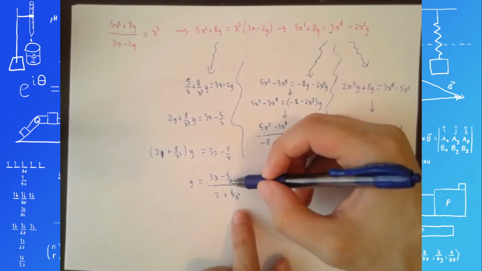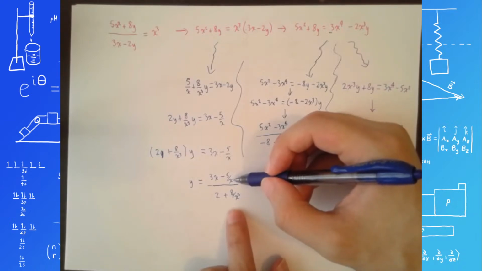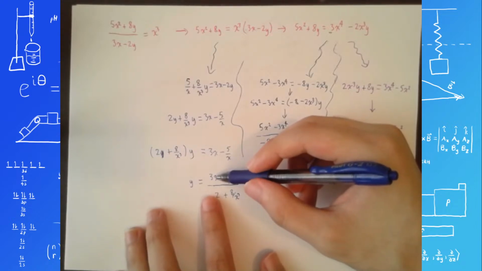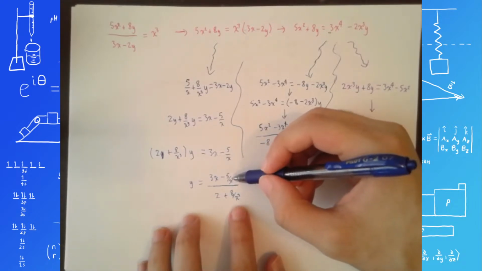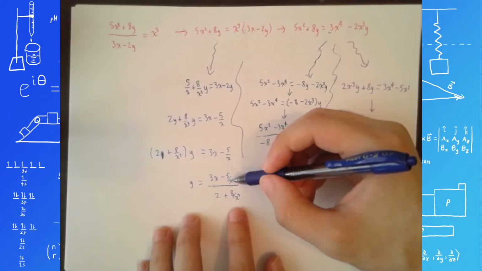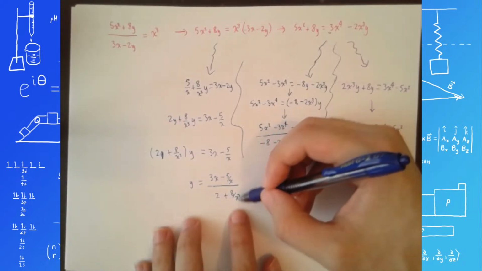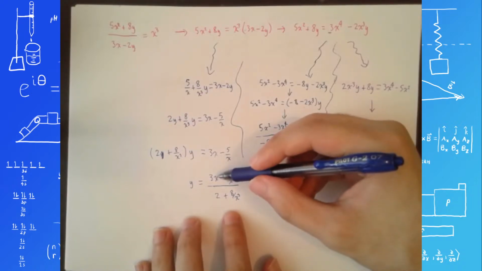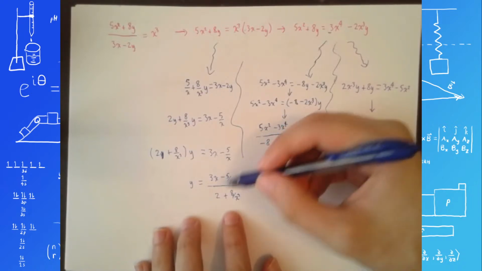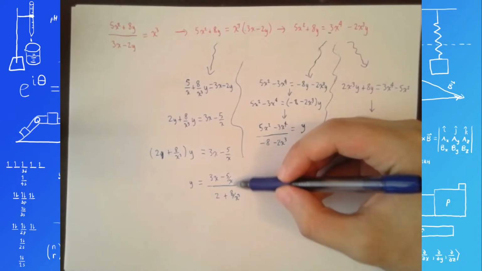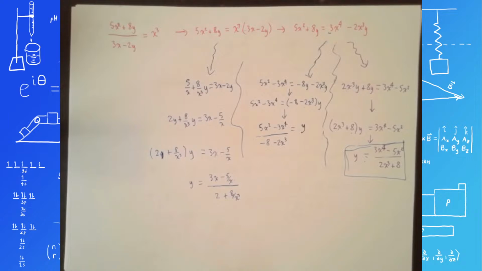Maybe this would be better in cases where you're trying to show that when x gets really, really big, y approaches the value of 3x over 2, because when x is really, really big, you're taking this 5 divided by a big number, which becomes really small, and same thing, 8 over a really big number becomes small, and so these two terms might become negligible if you had some sort of physics problem where this x or whatever physics concept it's representing becomes too big.